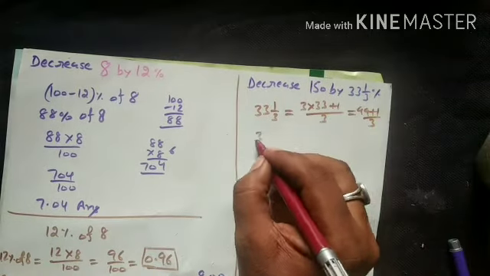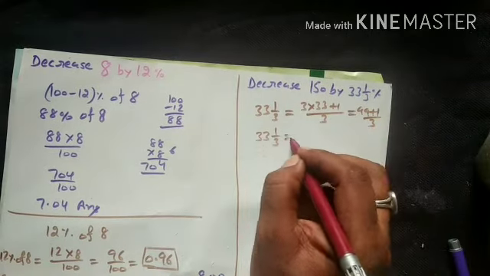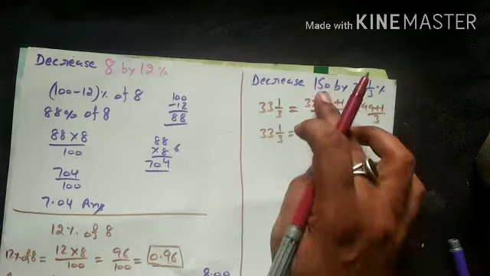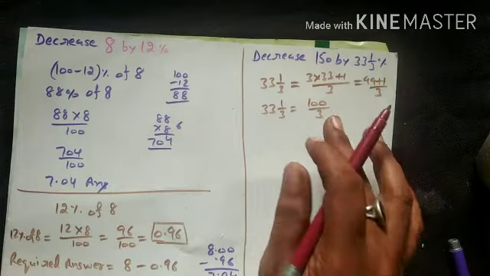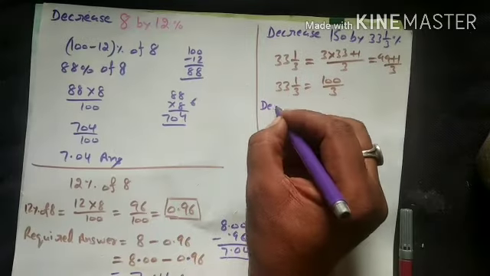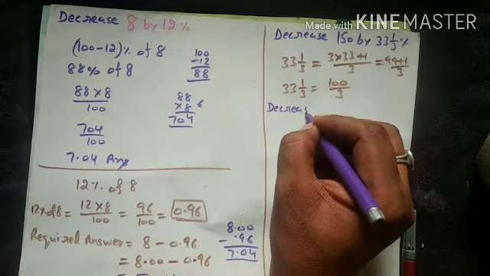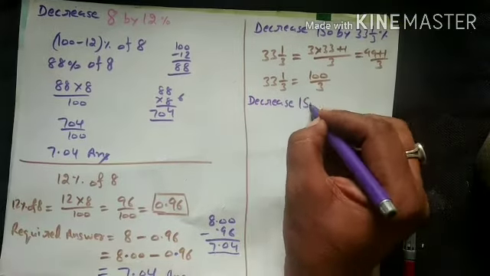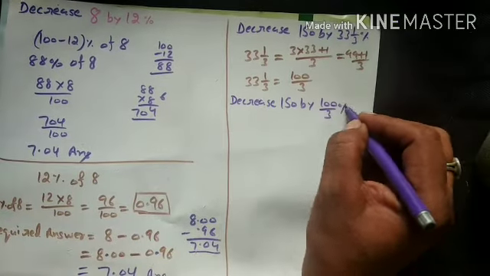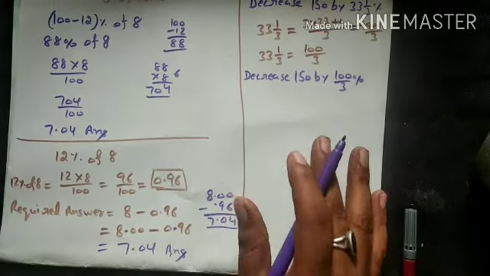So its meaning is 100 over 3. So we have to decrease 150 by 100 by 3%. Okay, so firstly I will write: decrease 150 by 100 by 3%.